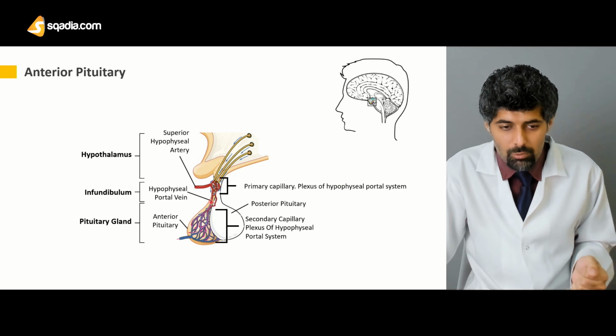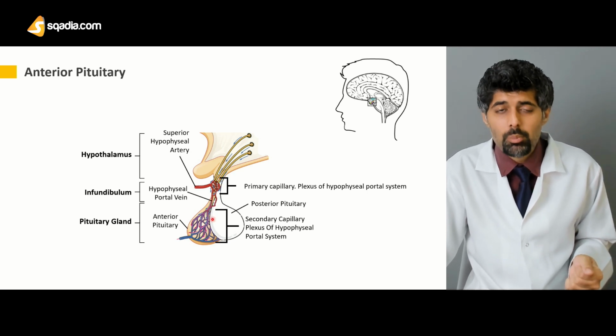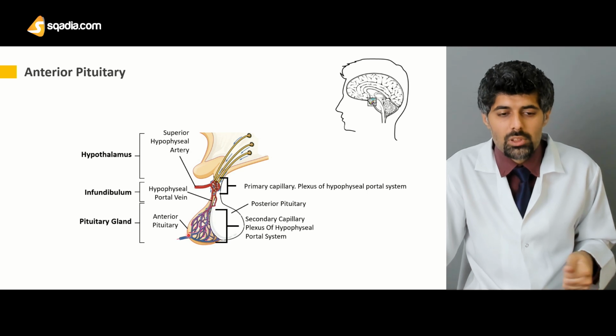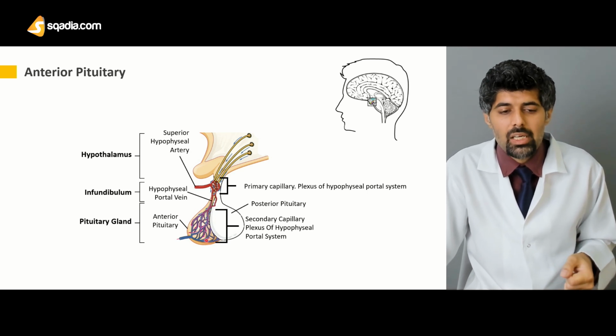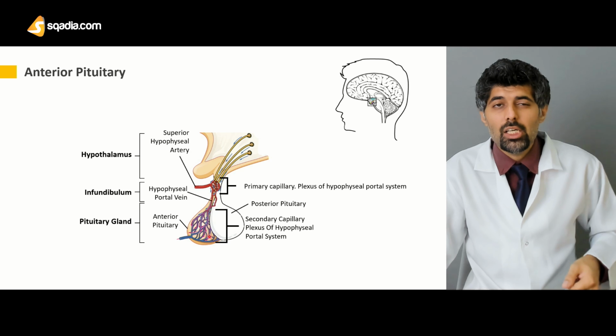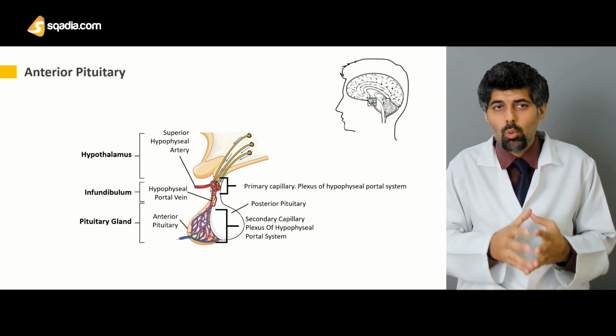Then when it moves towards the anterior pituitary, it forms a venous bed, and this venous bed is of special importance. Why?